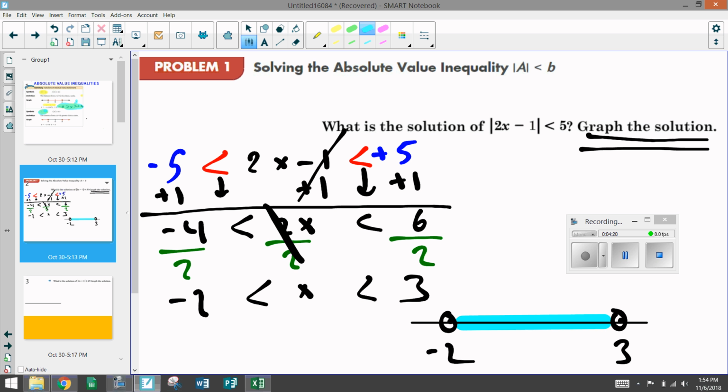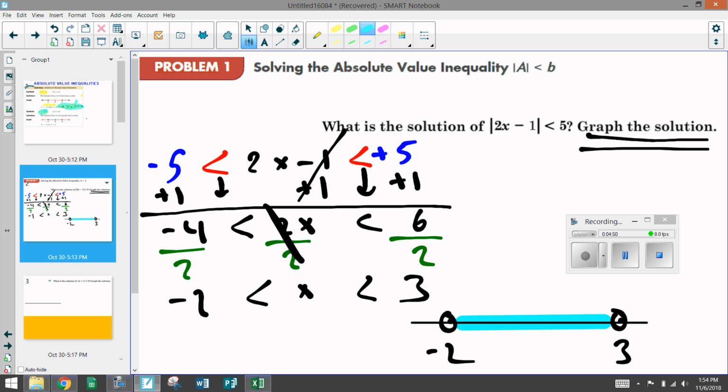Why in between? That's a good question. Let's interpret. Let's read this. Close this one. What do you see? x is greater than -2, right?